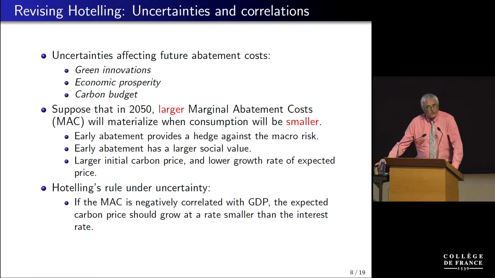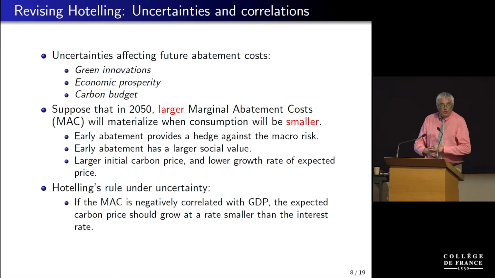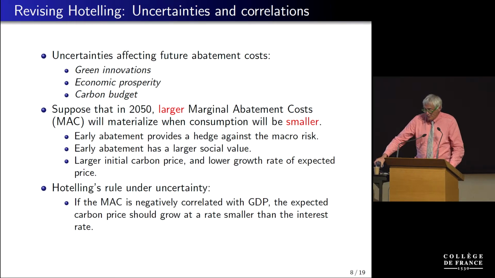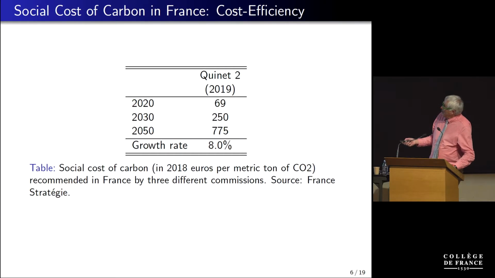Okay. Well, of course, however, this problem that I just presented in the framework of no uncertainty makes little sense. In particular, in the Quinet 2 Commission, they make obvious assumptions. I don't know exactly which ones, but of course, if they hide this number there, they are making assumptions about the marginal abatement cost function by the year 2050.